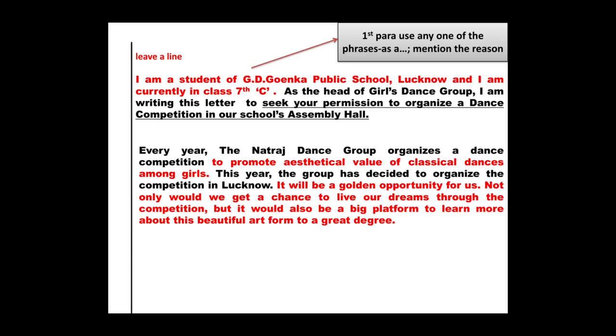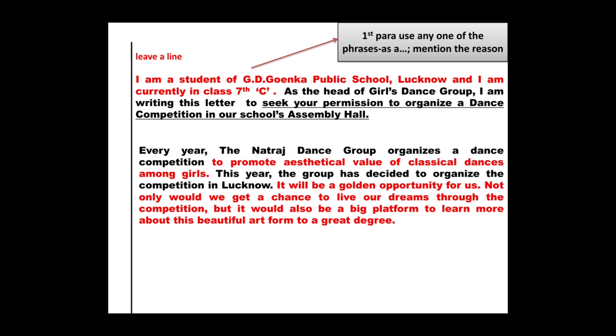Then, after leaving a line, we start with the second paragraph. Every year, the Natraj dance group organizes a group competition to promote aesthetical value of classical dances among girls. This year, the group has decided to organize the competition in Lucknow. It will be a golden opportunity for us.